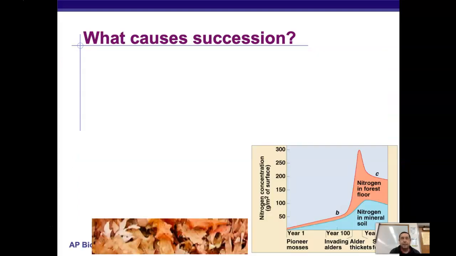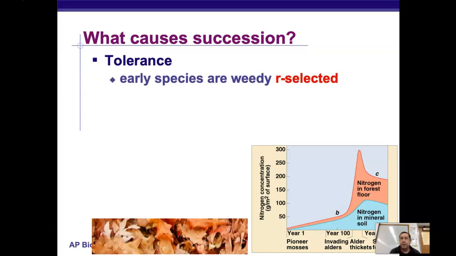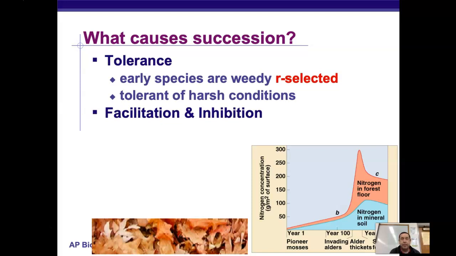So why does succession happen? Well, there's two factors. There's tolerance. Early species are weedy, selected species, so they can grow rapidly. They can tolerate harsh conditions. They don't need really good soil. Lots of sunlight, all that stuff are okay. But as they die and decompose, they change the composition of the soil and they change the conditions there.